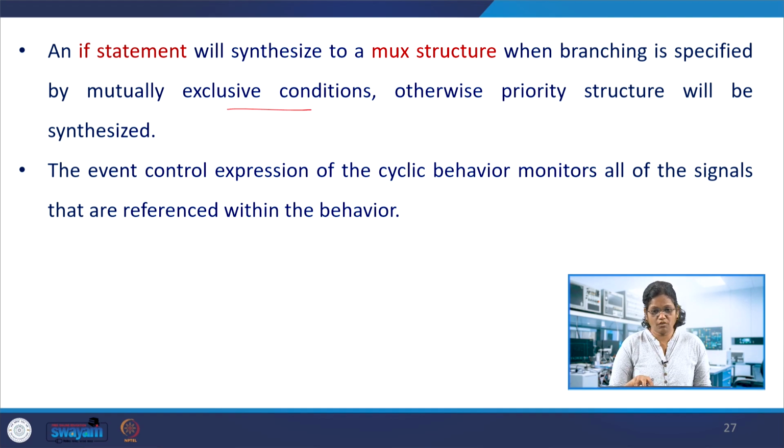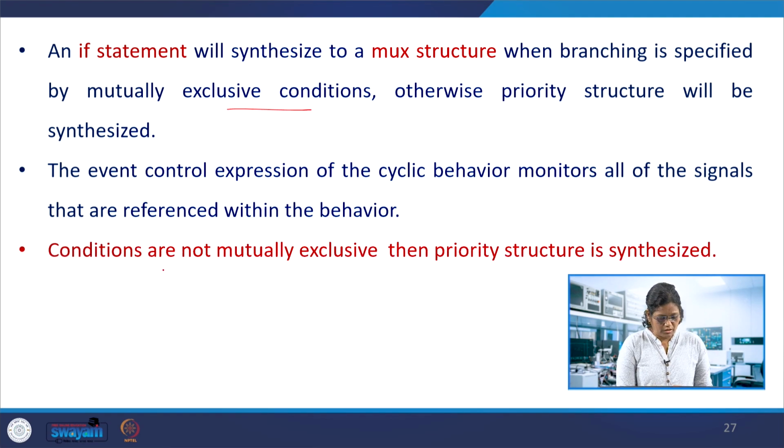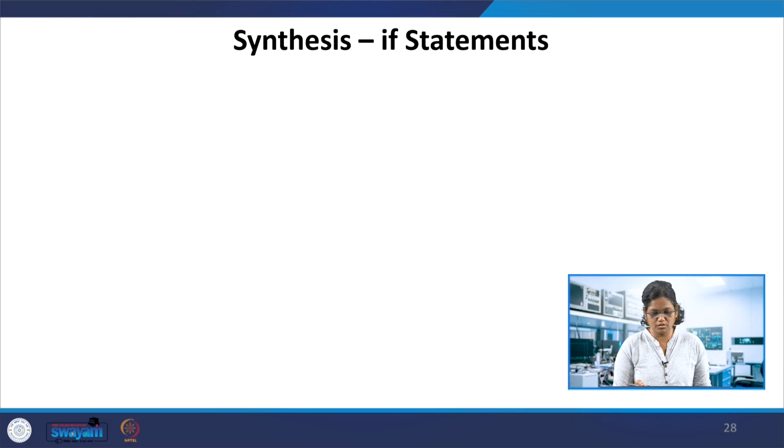That is what we emphasize: all inputs should be available in the sensitivity list. If not, there is a chance of inferring a latch in that process. If the conditions are not mutually exclusive, then a priority structure is taken by the synthesis tool.